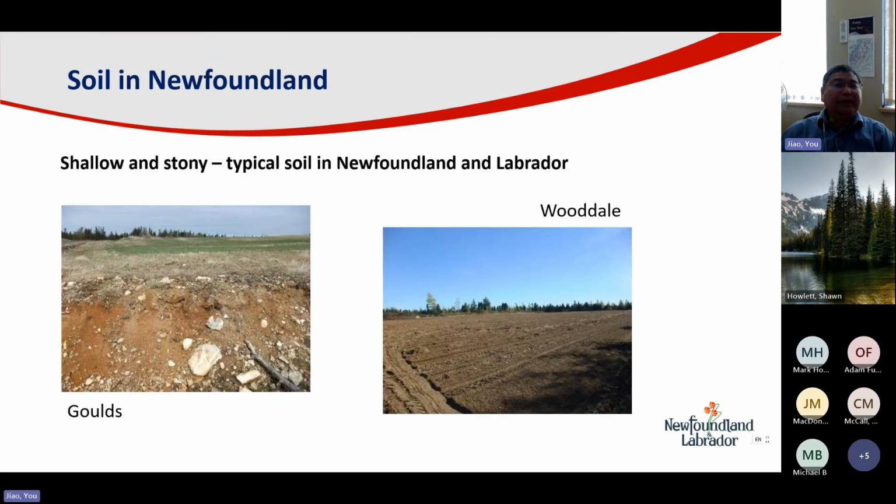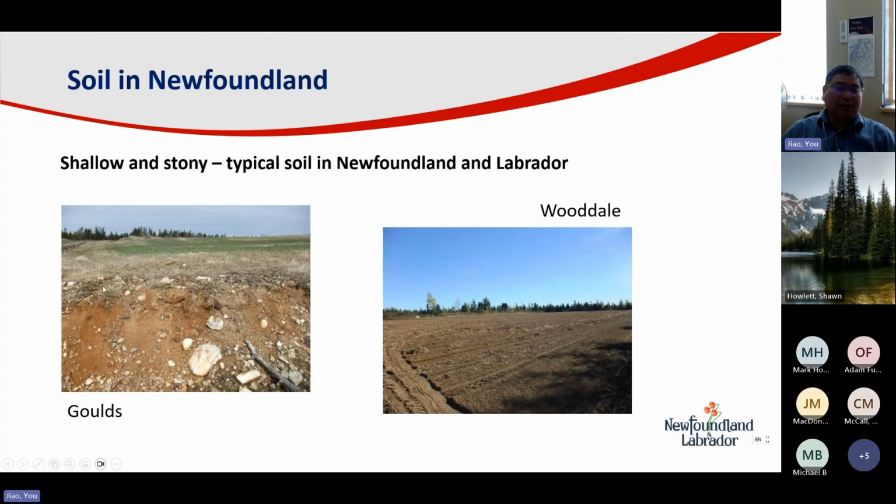And the soil in our province, in Newfoundland, most of the soil is shallow and stony. It's a typical soil in the province and occupies the major agricultural land. That picture was taken in the woods, and it's a typical soil across the island.